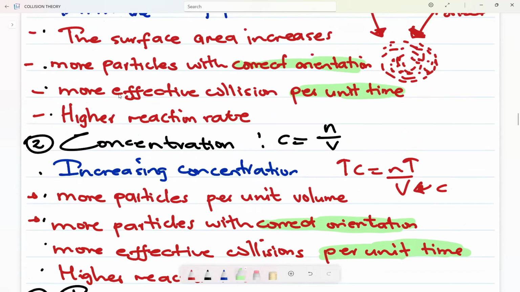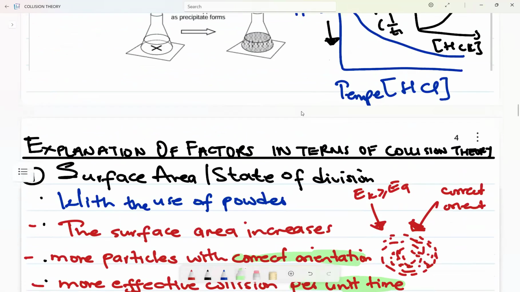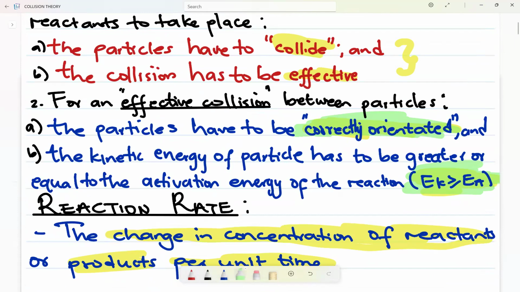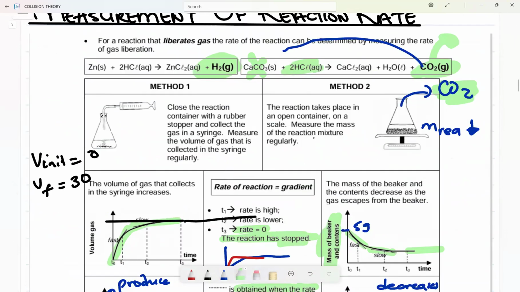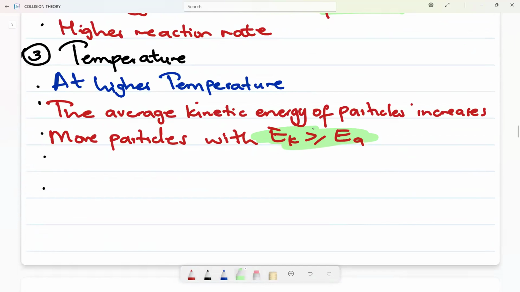For these two, surface area and concentration, we used correct orientation, and it was one of the conditions for effective collision. But for temperature, we are using kinetic energy. So we are saying more particles with kinetic energy that is greater or equal to the activation energy. Then you'll say more effective collisions.